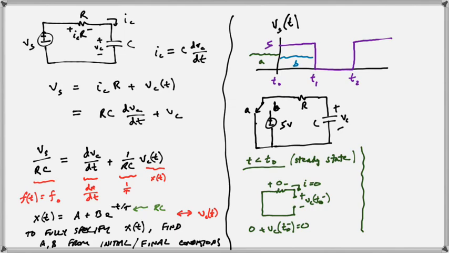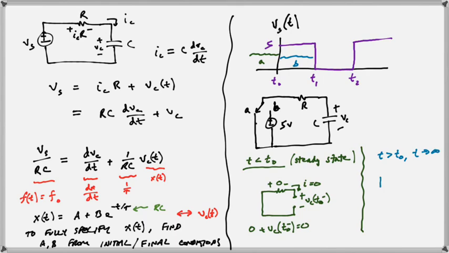We've got the switch in position B, and let's just say that the circuit has no idea that the switch is coming at T1, so we're just going to say that as t goes to infinity, or t greater than t naught, with t going to infinity, we have this circuit.